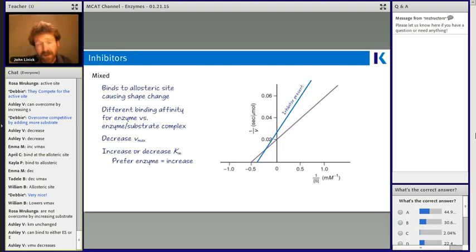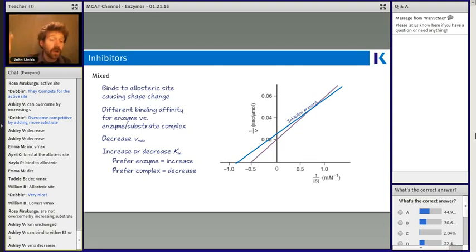If the inhibitor prefers the enzyme, you're going to increase the Km. If it prefers the enzyme substrate complex, you actually decrease the Km. All right, so these are less common. You don't have to geek out on these if you don't want to, but the one thing you definitely need to know is that they are definitely going to decrease Vmax just like non-competitive inhibitors did.